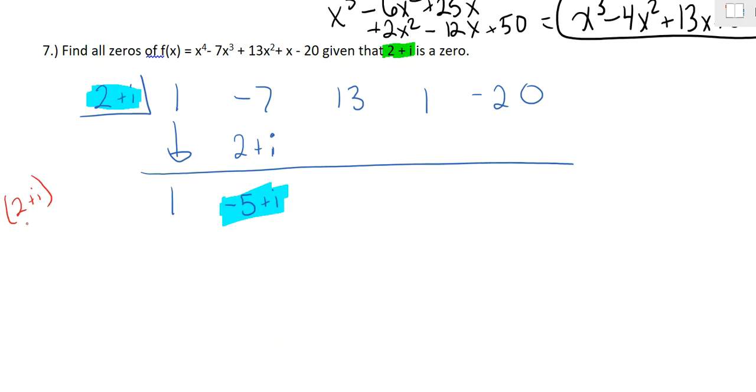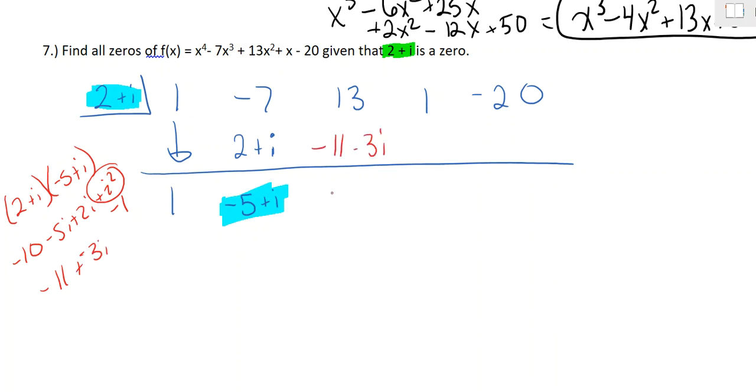2 plus i times negative 5 plus i. So again, this is a negative 1. So it's a negative 11 minus 3i. And that's 2 minus 3i.